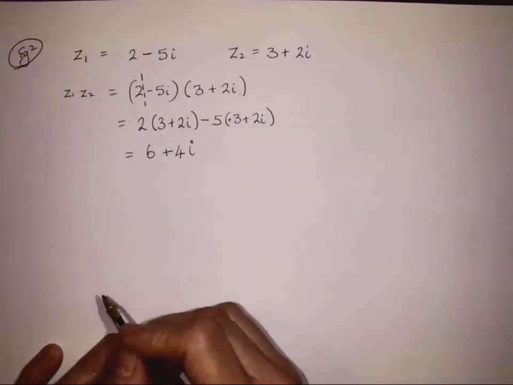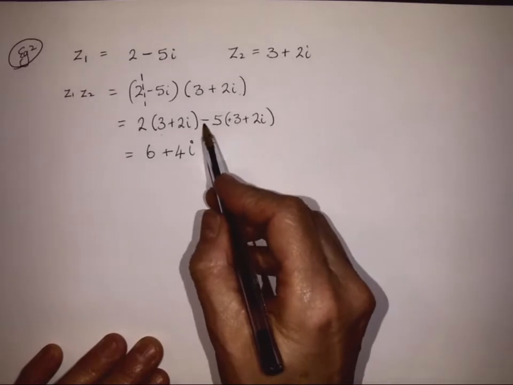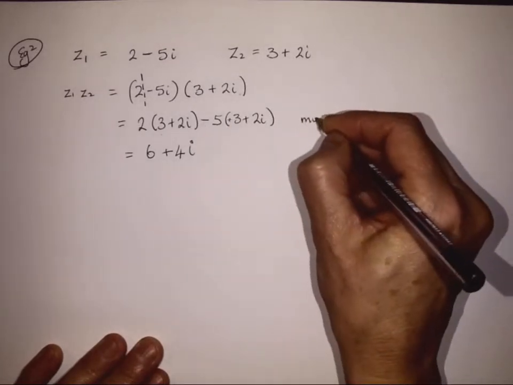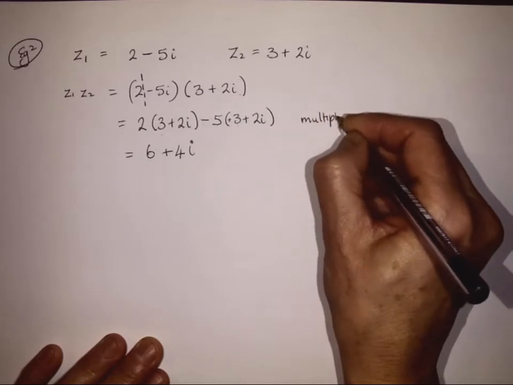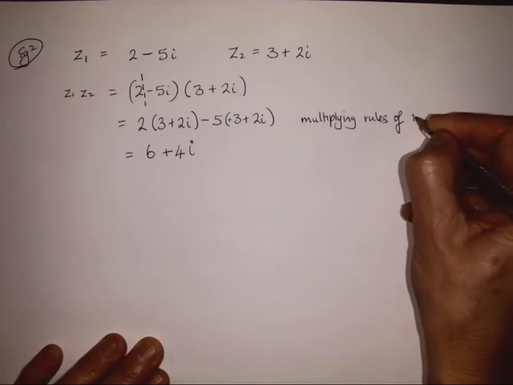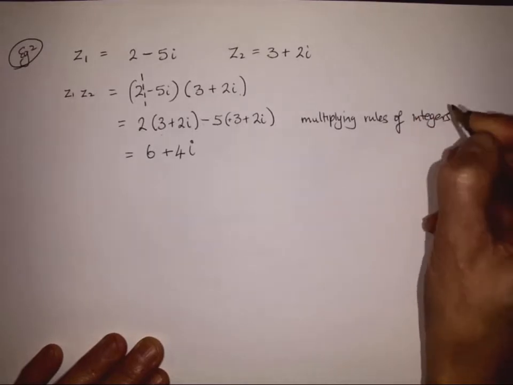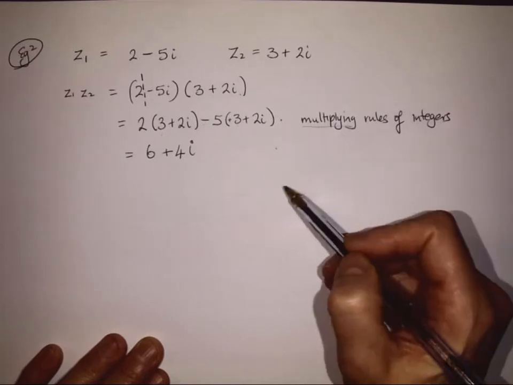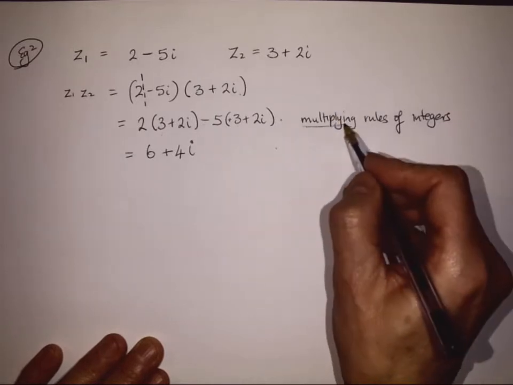It's automatically positive, there's no sign in front of it. So minus multiplied by, integers wise, it's multiplying. To get from this row to this row, we use the multiplying rules for integers. And the multiplying rules are, when multiplying, if the signs are the same, the answer is positive.